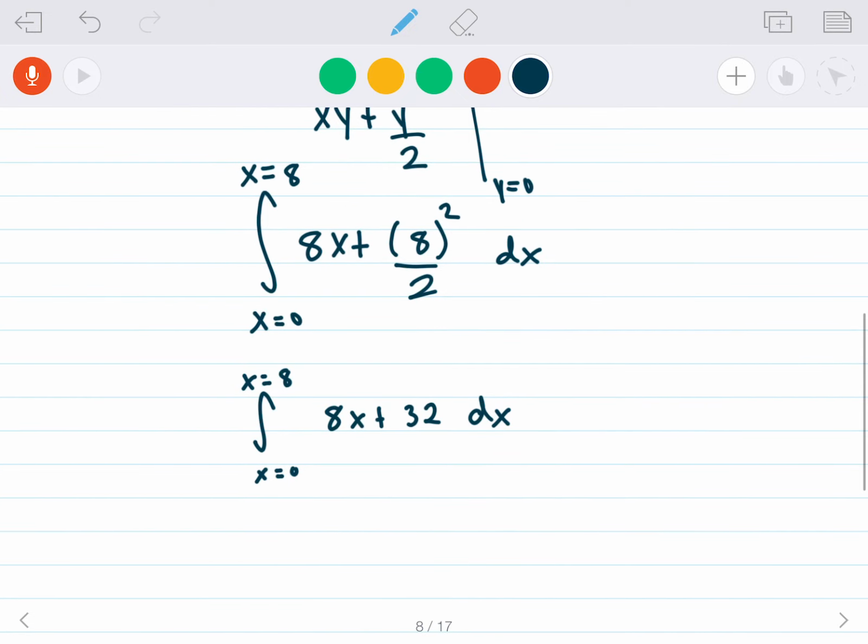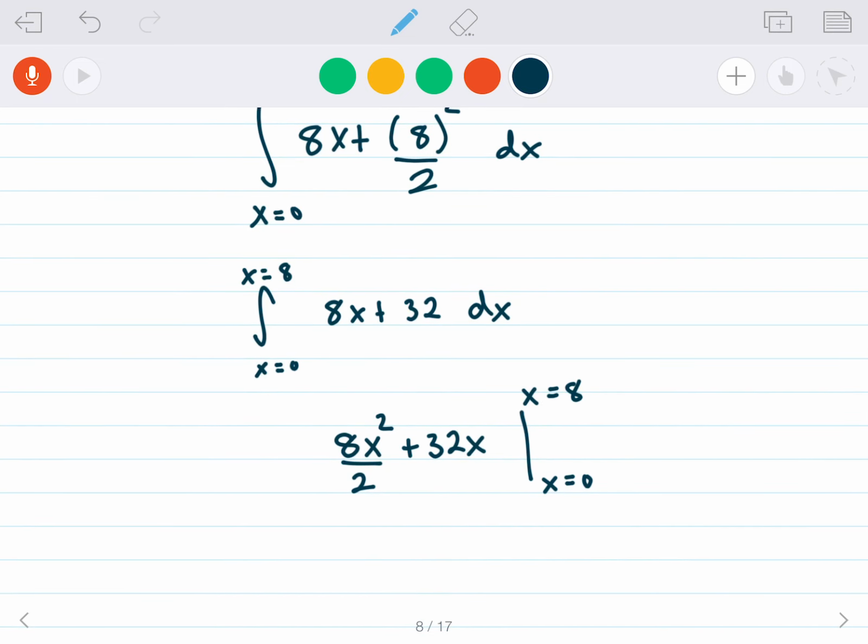So when I integrate this, I'm going to get 8x squared over 2 plus 32x, going from x equals 0 to x equals 8. Okay, so if I plug in 8 first, I get 8 times 8 squared over 2 plus 32 times 8, and then minus the whole thing's going to go to 0, so I'm not going to show that step because it's just redundant.